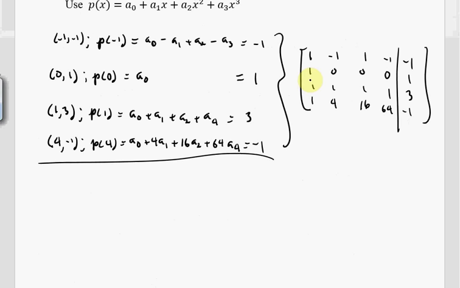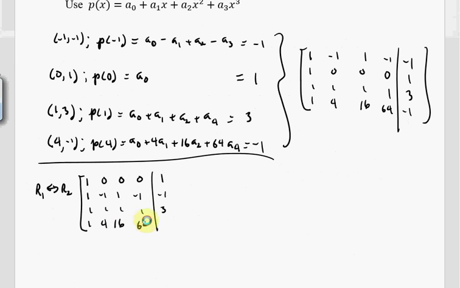So we come here. I'm going to interchange rows 1 and 2. And then we use that leading one to get zeros all below.